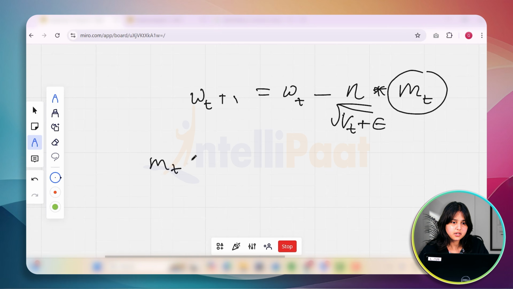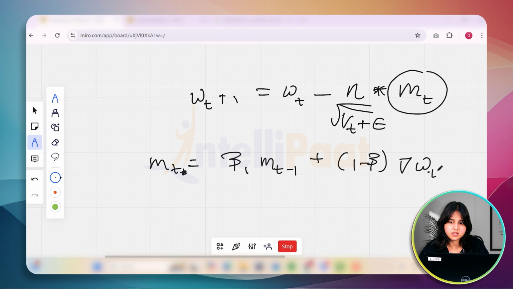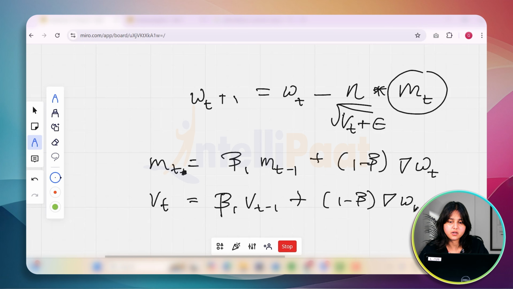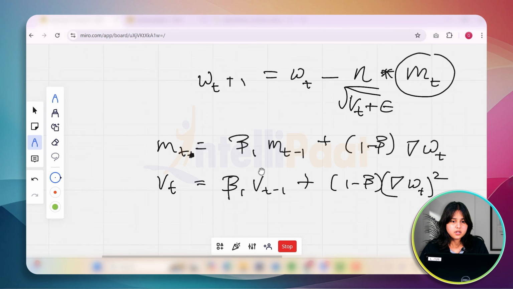Mt over here is nothing but beta 1 multiplied by Mt minus 1 plus 1 minus beta multiplied by the loss gradient, and Vt is the same as our RMSProp, which is beta 2 times Vt minus 1 plus 1 minus beta multiplied by the gradient of loss square, right?